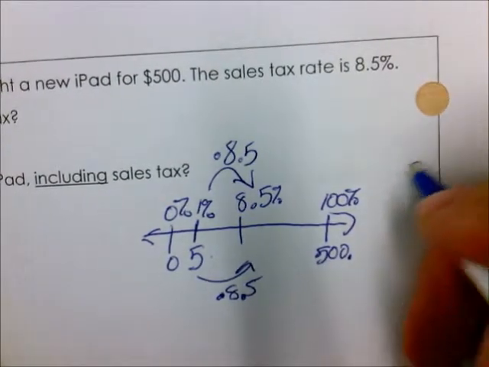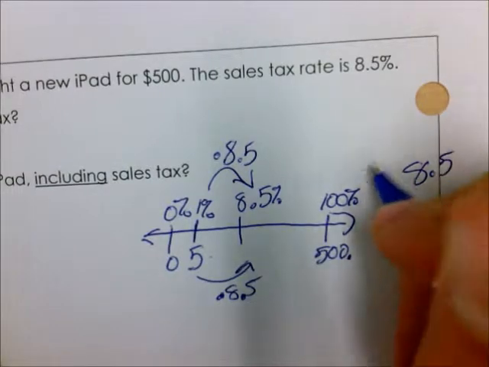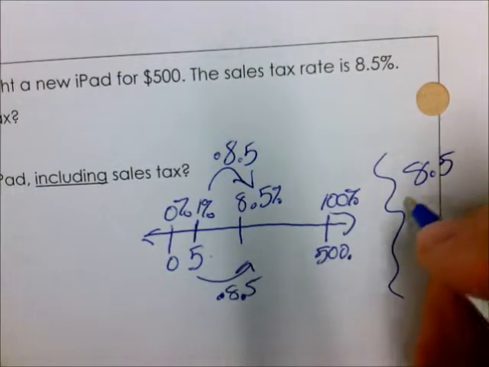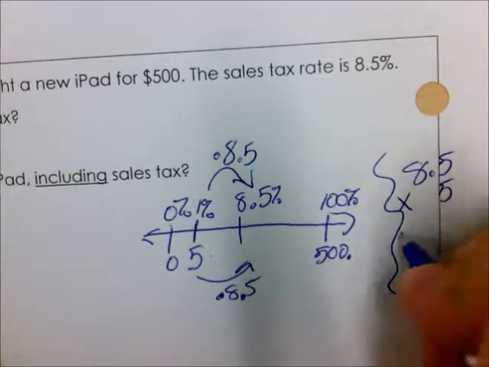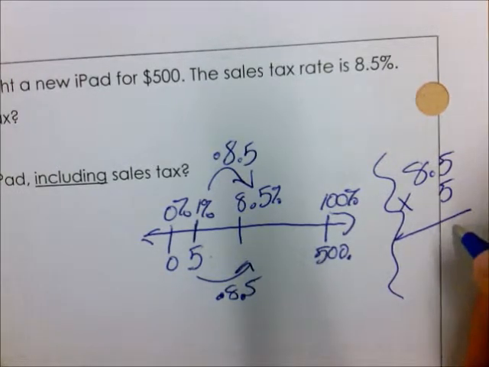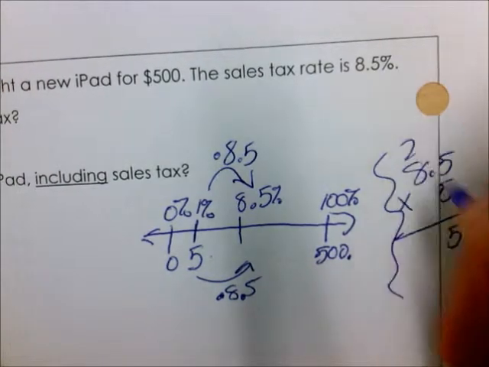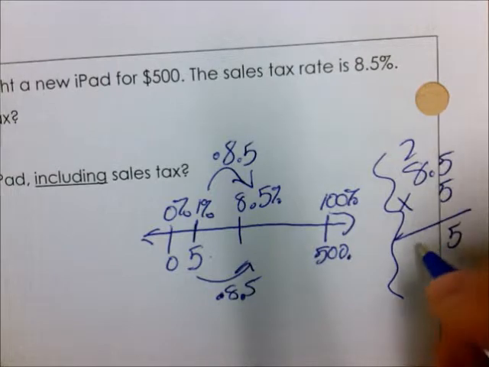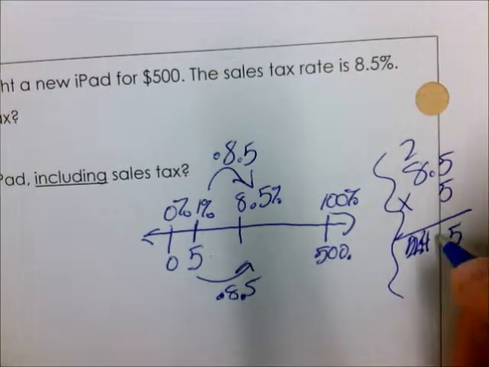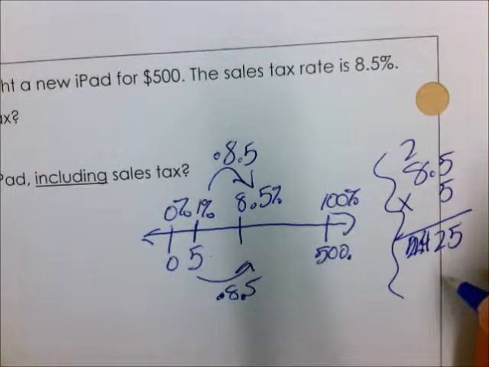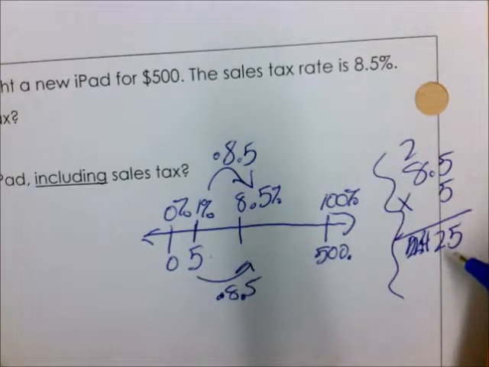We'll do it on the side right here. 8.5, and we'll just make a squiggly line there, times 5. And 5 times 5, that's 25. 5 times 8 is 40, plus 2 is 42. So, I get 42 there.